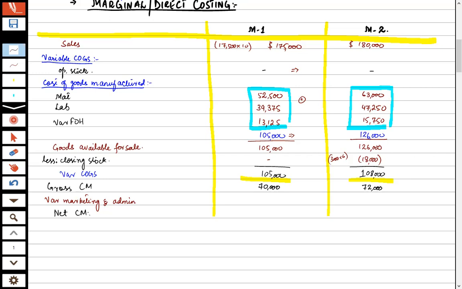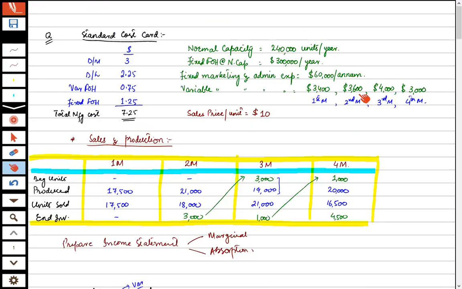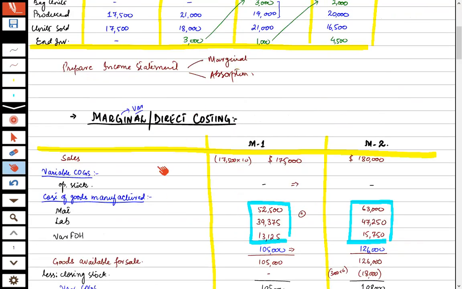We have variable marketing and admin expenses for the first month, they are 3,400 and second month 3,600.